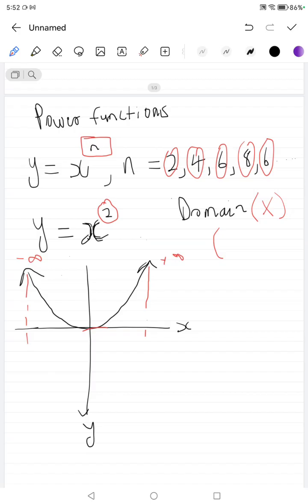But should the x values be given, then we'd know it's going to be from this negative to this positive. In this instance, we're just going to say it's minus infinity to positive infinity.